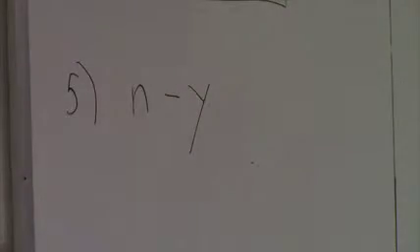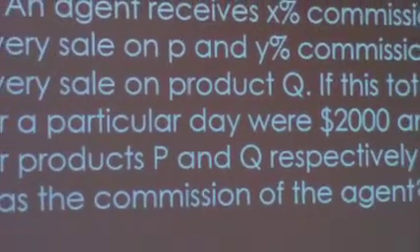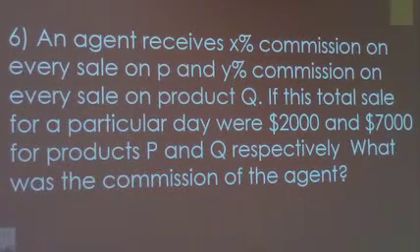Let's move to the next one. An agent receives X% commission on each sale on P and Y% commission on each sale on Q. If the total sales for a particular day were 2,000 and 7,000 for products P and Q respectively, what was the commission of the agent?